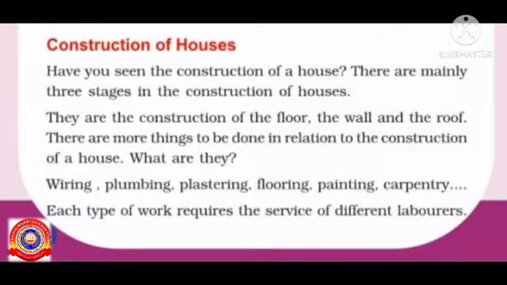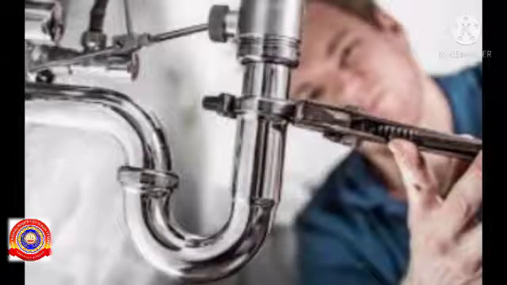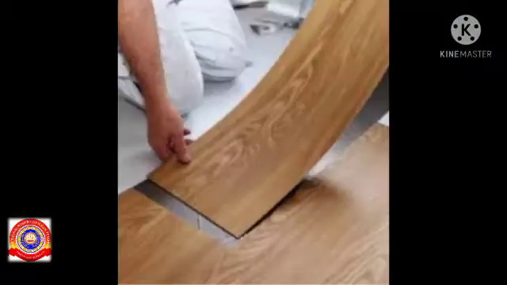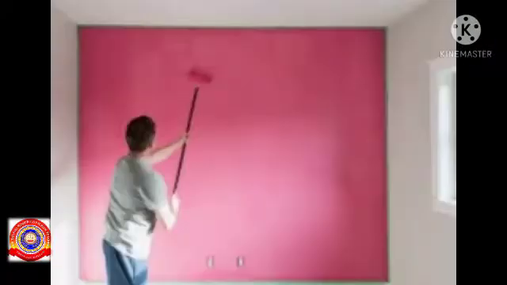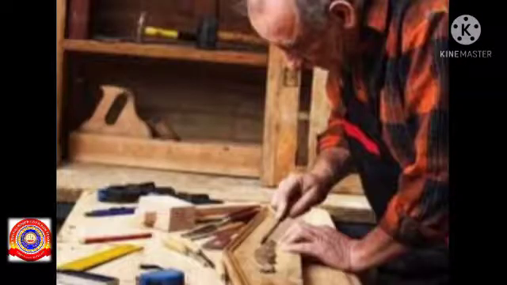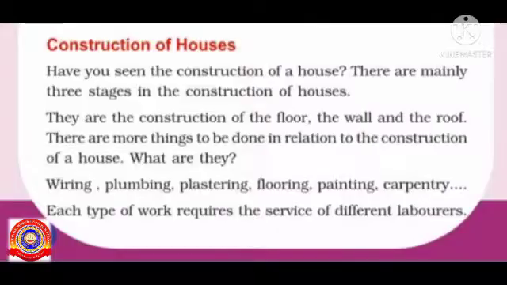Other than these 3 stages, there are more things to be done in relation to the construction of a house. They are wiring, plumbing, plastering, flooring, painting, carpentry, etc. With the help of all these things, we can construct a beautiful house.